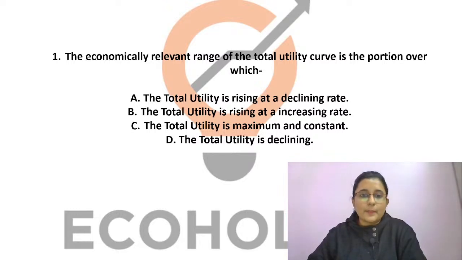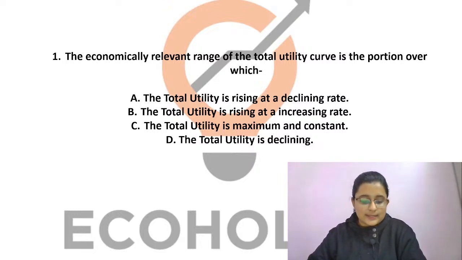What is the economically relevant range of the total utility curve? It is a portion over which the total utility curve is rising at a declining rate, rising at an increasing rate, or the total utility is maximum and constant, or option D, the total utility is declining.